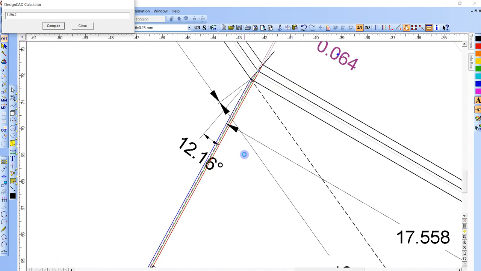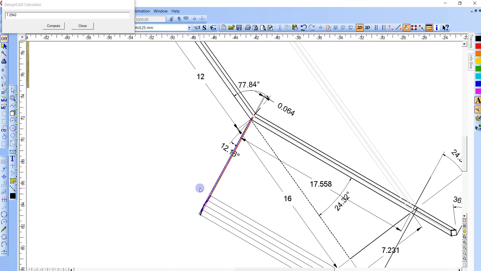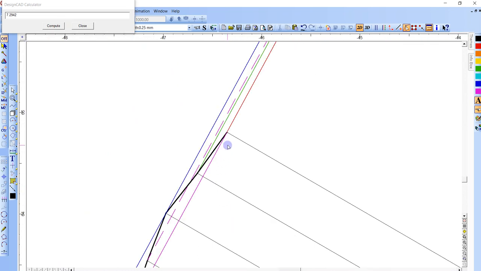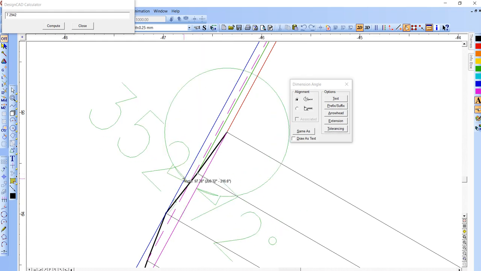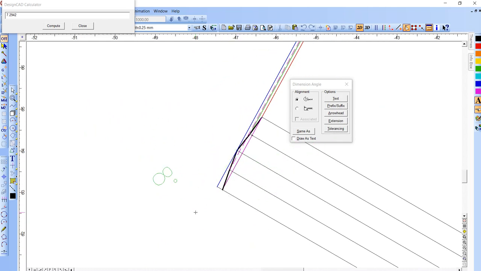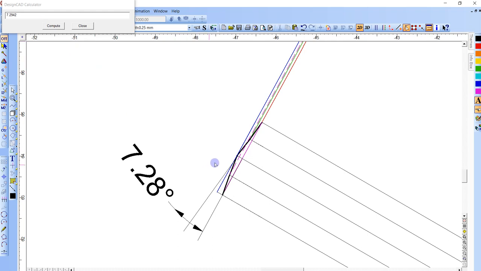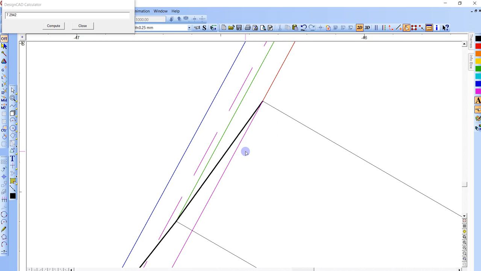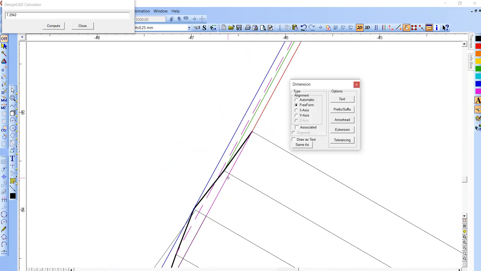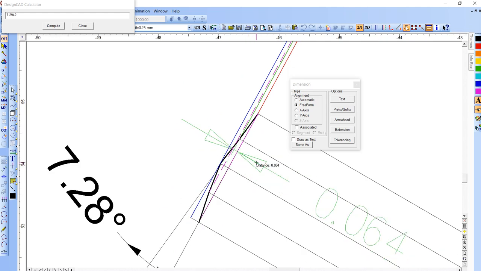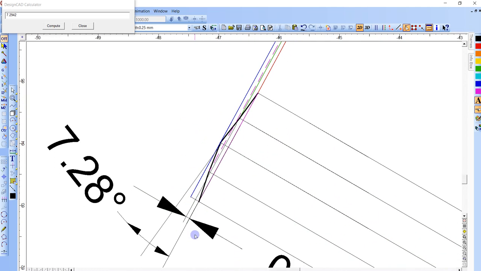If we look over here, pretty good guess, huh? 7 degrees. There you go, 7.29, 7.28. I'm not sure why there's a little difference in that, but it should be exactly the same, right? 0.064. So there must be some math error in there.